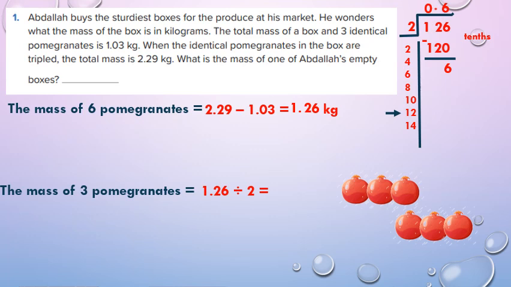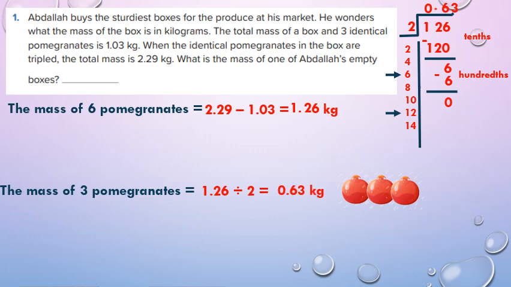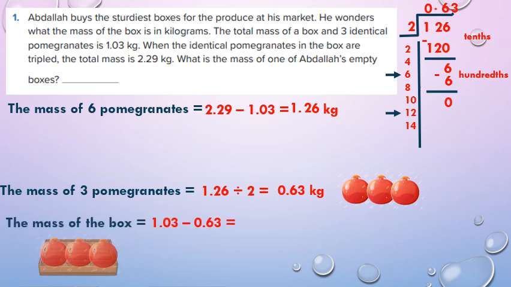6 divided by 2, yes, we have 6. So, take apart 6 divided by 2 in the hundredths place equals 3. Then subtract 6 minus 6, 0. So the mass of the 3 identical pomegranates is 0.6300 kilograms. We want to know the mass of the empty box.